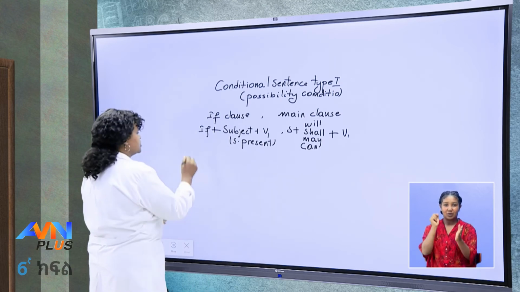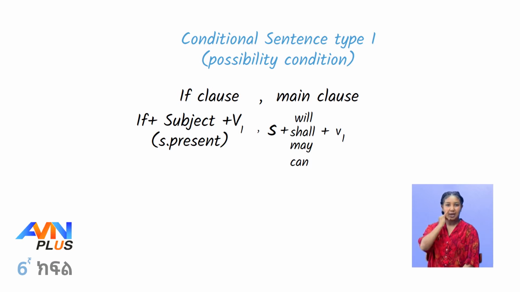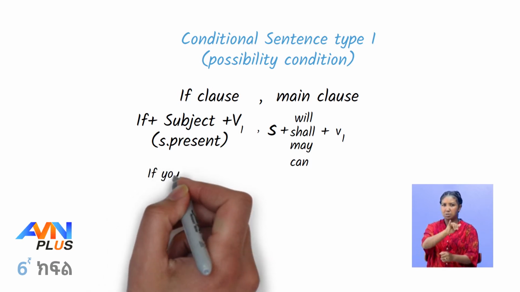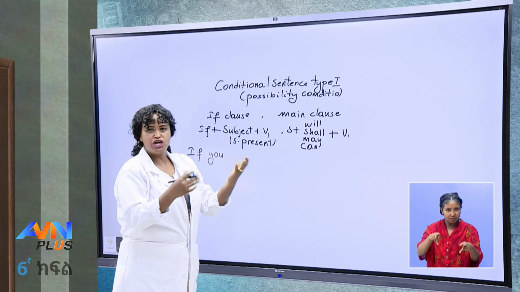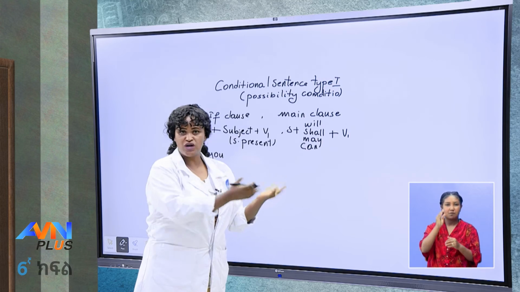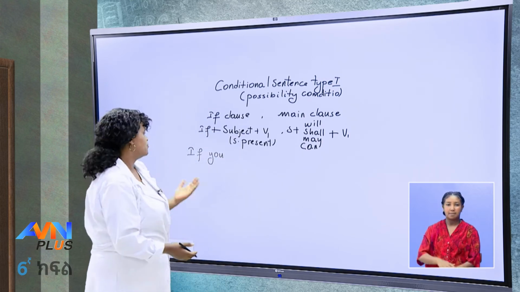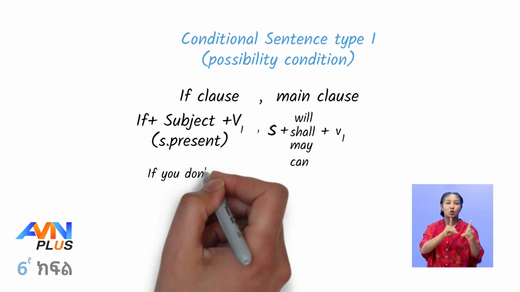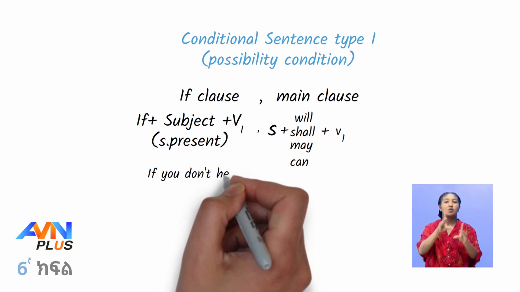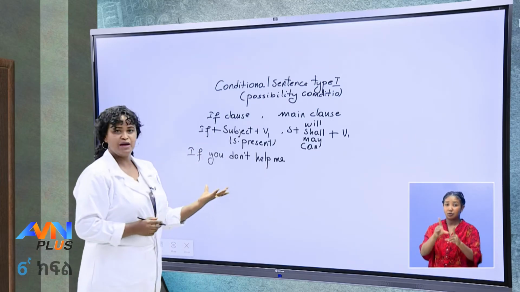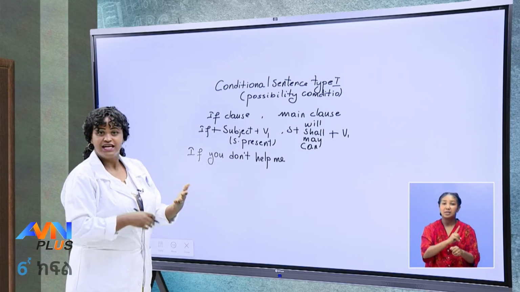For example, look. When we learn about simple present, we know how to make it negative, yeah? The same is true with simple future. That's what you apply here. For example, if you don't help me, now this time our if clause is negative.